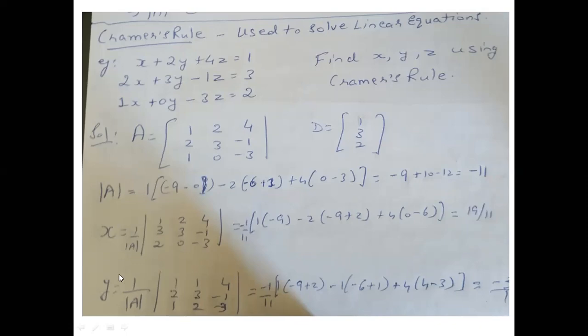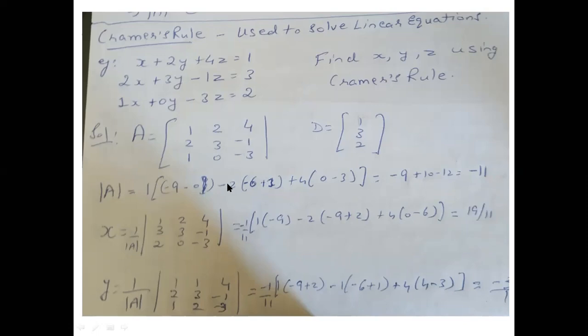Now next, when you want to find the value of y, you keep the first column as it is, because the first column is the coefficients of all the x variables. So we keep 1, 2, 1 as it is. We keep the third column as it is, because these are the coefficients of all the z variables in the three equations. So 4, minus 1, minus 3 remains as it is.